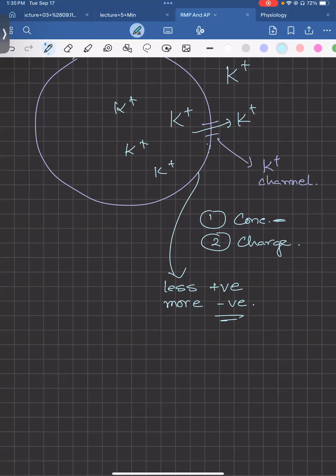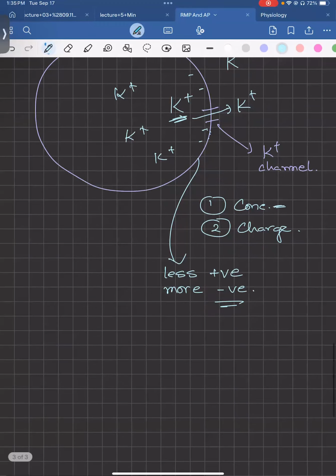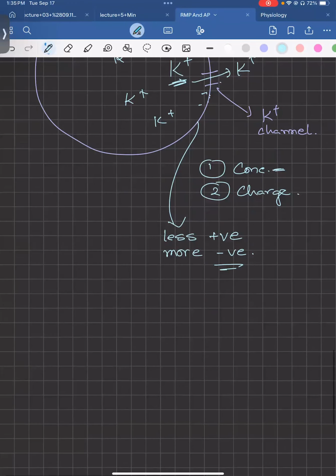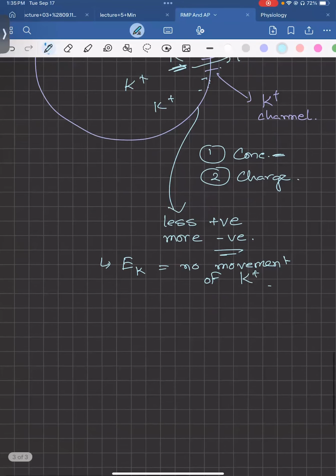At one point, it's going to be negative enough that it would want to hold on to the potassium that's inside and would not want it to go out. That makes sense, right? If they don't want to go out, movement of potassium would cease. That particular negative potential is our equilibrium potential for potassium. That's where there's no movement of potassium.